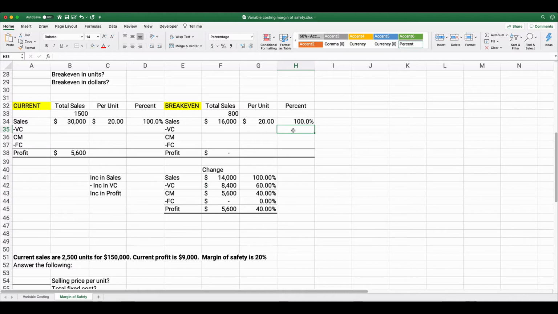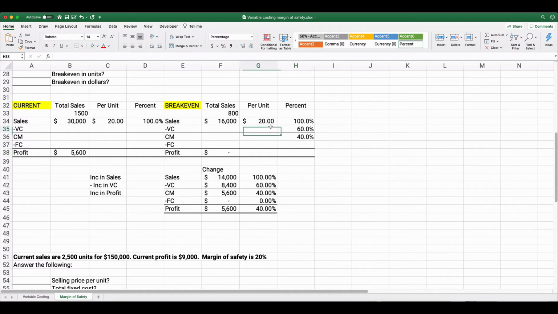So if we know this is 60% and 40% and 0% and 40%, we know that's correct. Then what do we know about the variable cost? Well, the variable cost is 20 times the 60%. And we can subtract out the 20 minus the 12, which is going to be 40% of the 20, right? 8 divided by 20 is 40% of the 20.